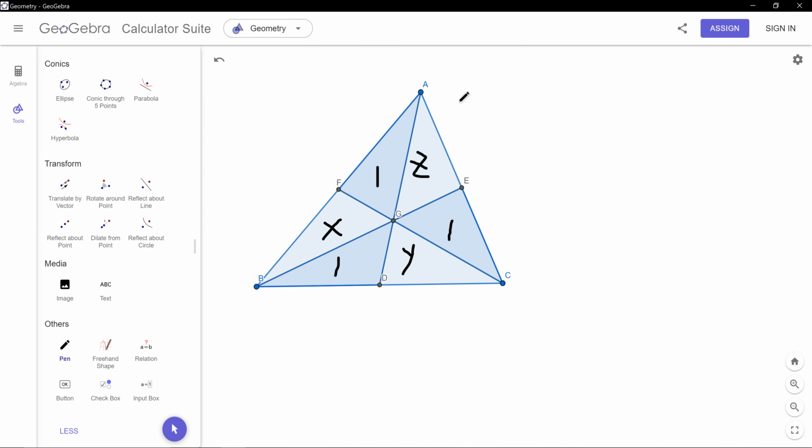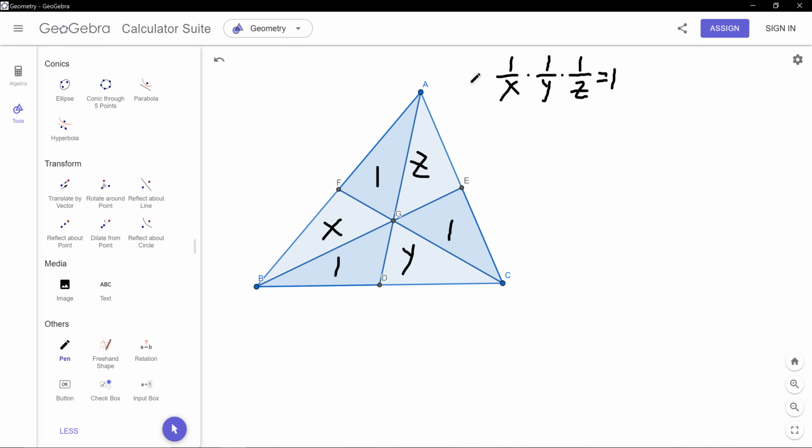If we use Ceva's theorem, we get AF/FB times BD/DC times CE/EA equals 1, which means 1/x times 1/y times 1/z equals 1.